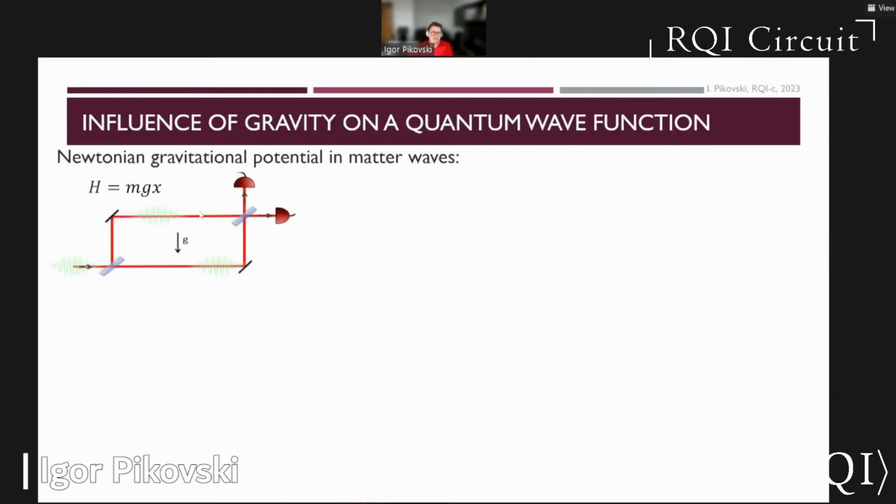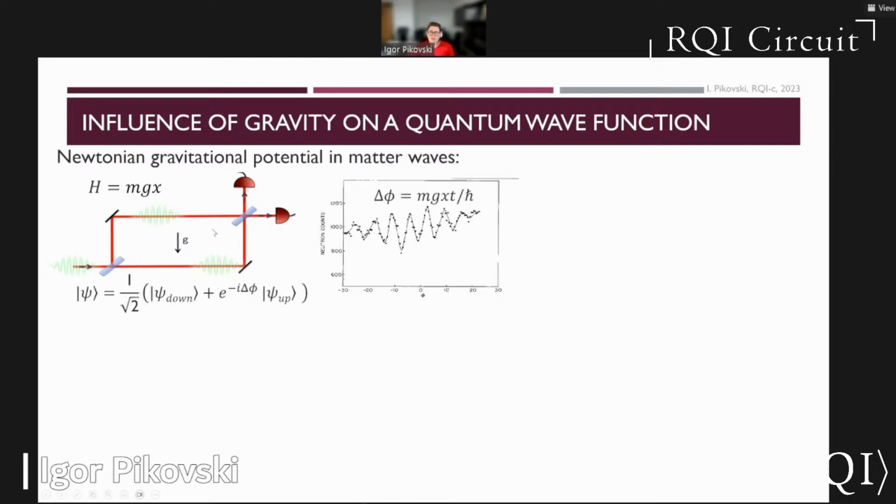And so, just as a very brief summary of this aspect, we know that we can add the Newtonian gravitational potential into the quantum evolution of systems. If we have a matter wave that's delocalized in the Earth's gravitational field, it will experience a phase shift due to the Earth's gravitational field. This phase shift is proportional to the separation of your wave packet, as well as the time.